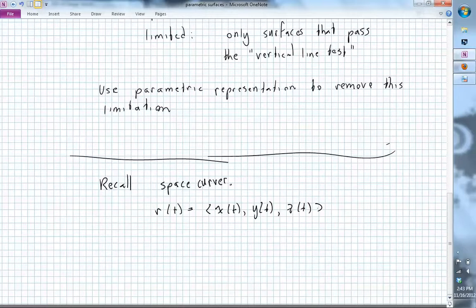What we want to do is generalize this, not by much, but we want to start thinking about surfaces by adding another variable. So now, instead of x, y, and z being a function of a single variable t, we're going to let x, y, and z be functions of two variables, u and v.